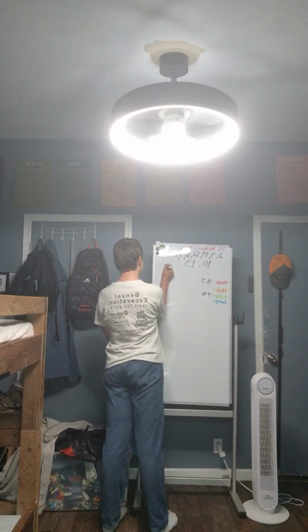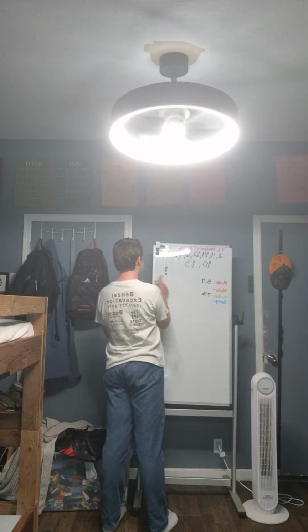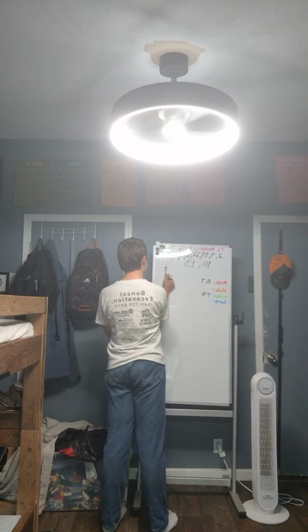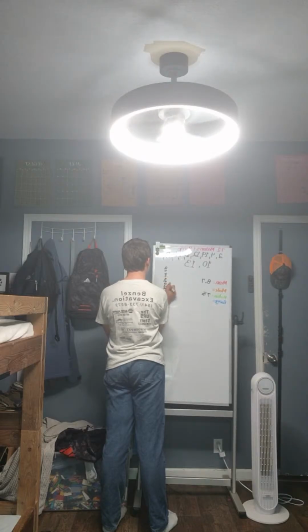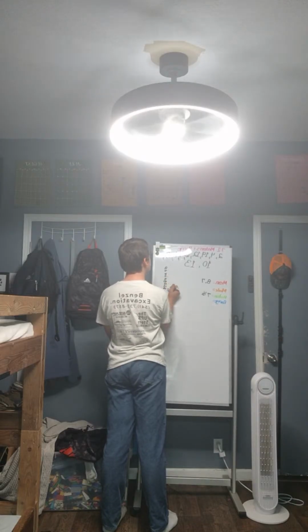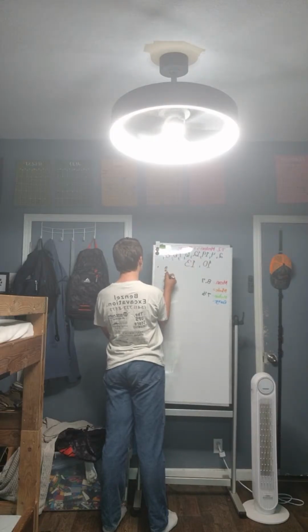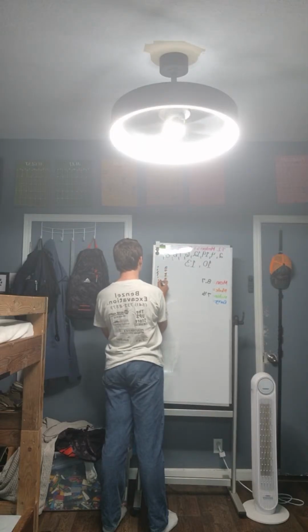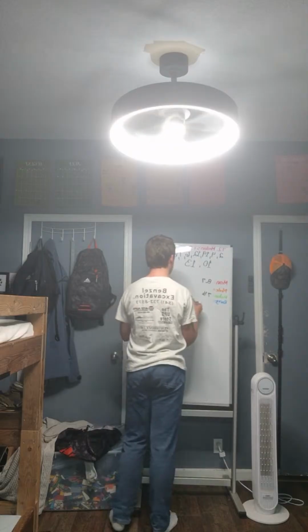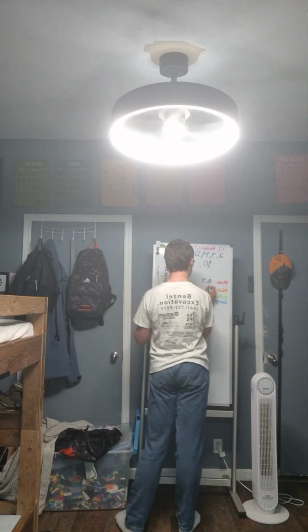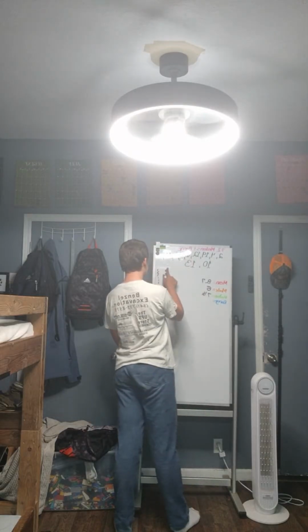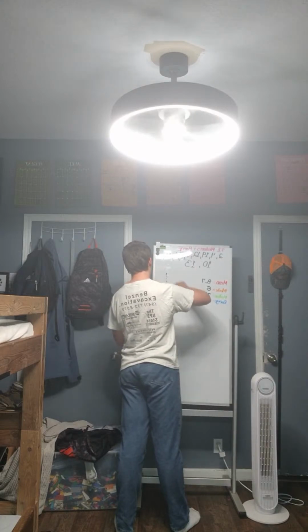Let's do this. 2, 4, 6, 6, 7, 8, 10, 12, 13, 19. 2 occurs 1 time. 4 occurs 1 time. 6 occurs 2 times. Mode is 6.